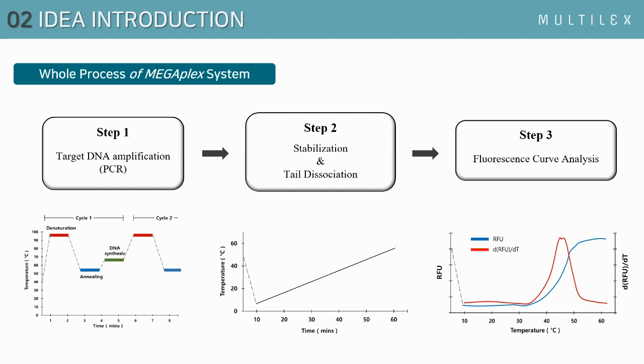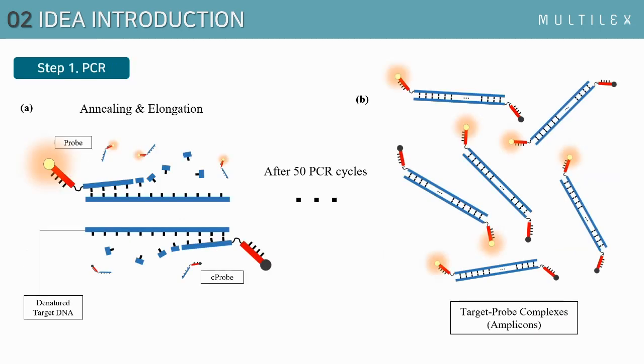You need more information? Okay, let me explain it in more detail. Take a look at this slide. In step 1, the probe and the C-probe set function as the primer set for PCR.